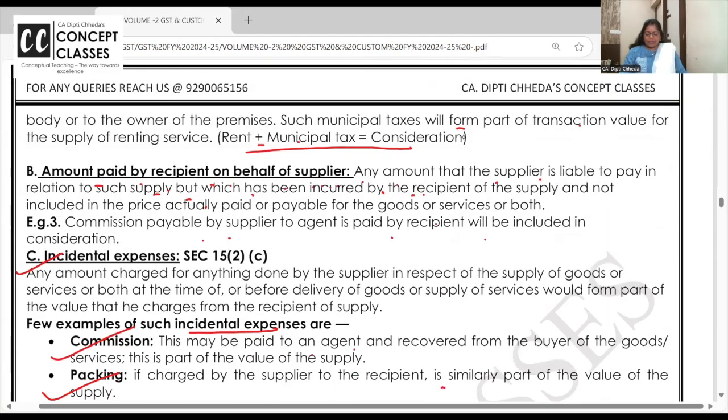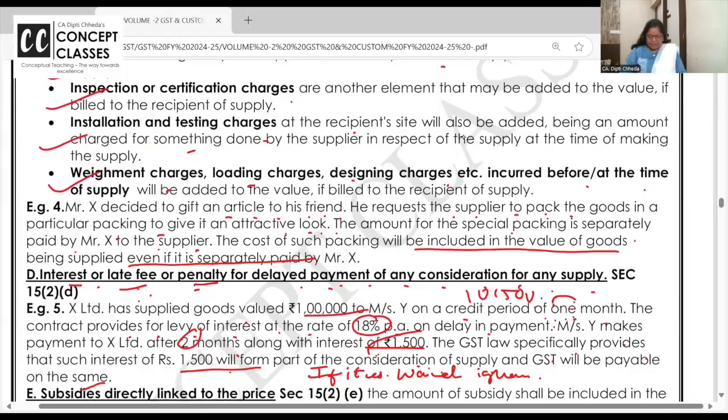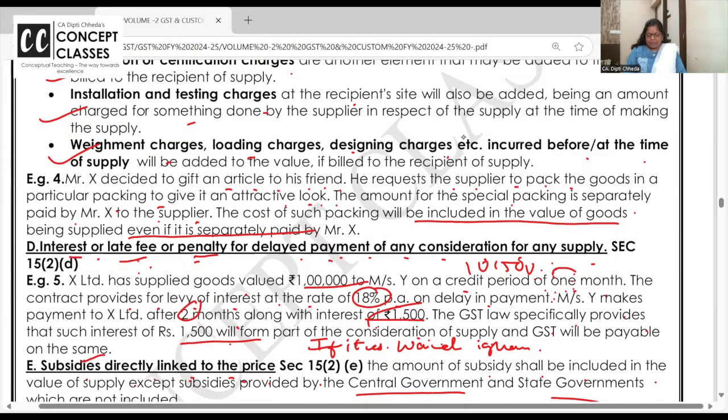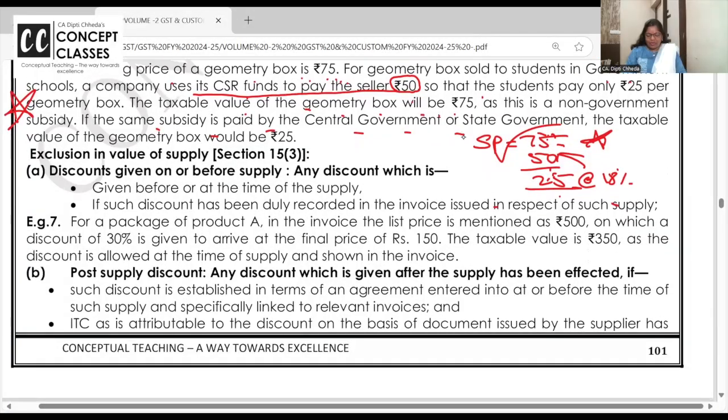Add amount payable to the third party paid by the recipient directly on behalf of the supplier. Add other incidental expenses. Add interest, late fees, penalty. Add subsidies directly linked to the price. Nice, clear to all of you?